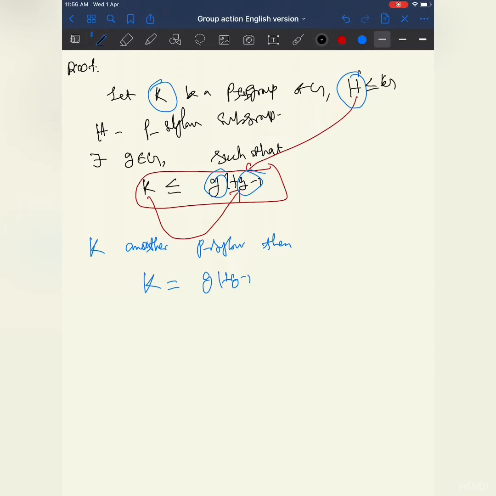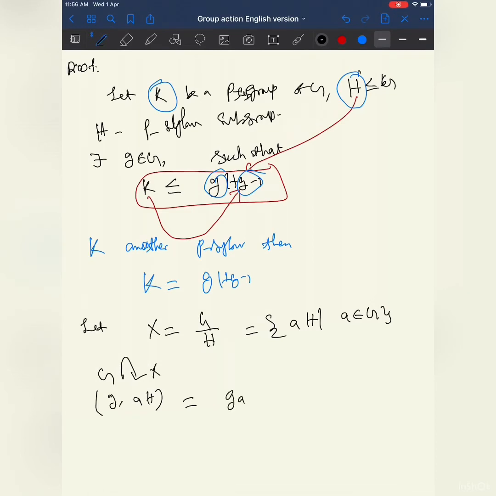For this I am going to do something. Okay, what I am going to do: let X equal G/H, the left cosets. I am going to act G on it like this: g acts on aH, sorry, g·aH.